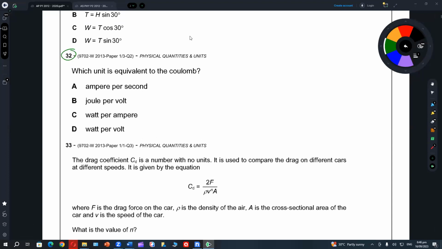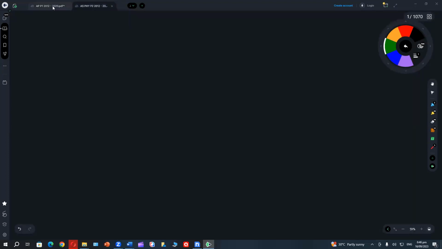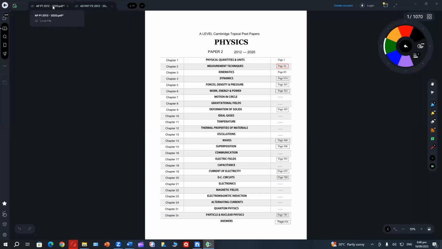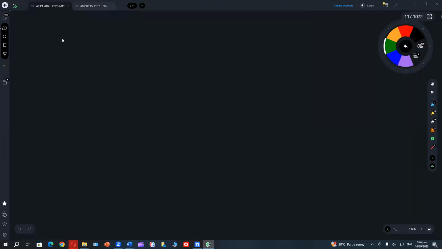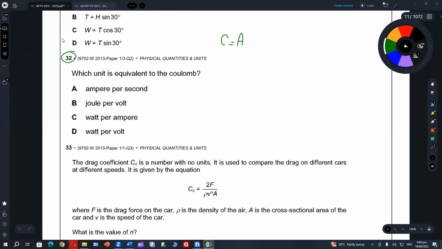Which unit is equivalent to Coulomb? Remember, Coulomb is equal to ampere into second. Coulomb is ampere second. So the first option is ampere per second. That option fails.